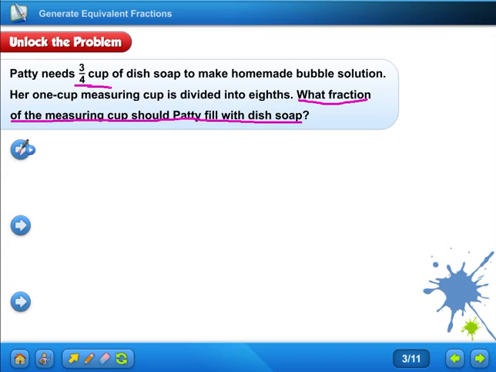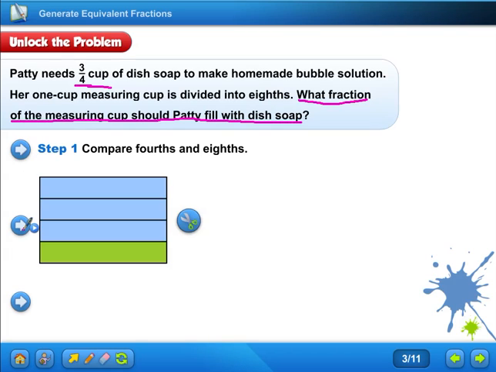All right, they're going to walk me through this step by step. So let's see what they have for step 1. Step 1, compare 4ths and 8ths. So they made this handy dandy little chart for me. This chart, they broke up into 4ths.